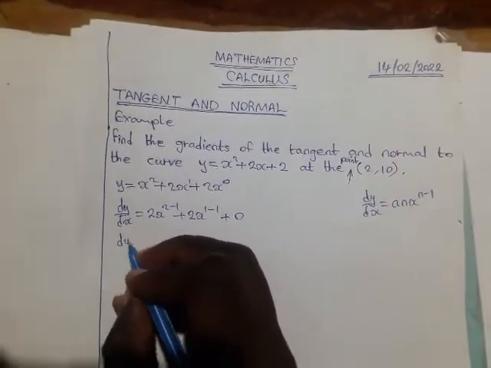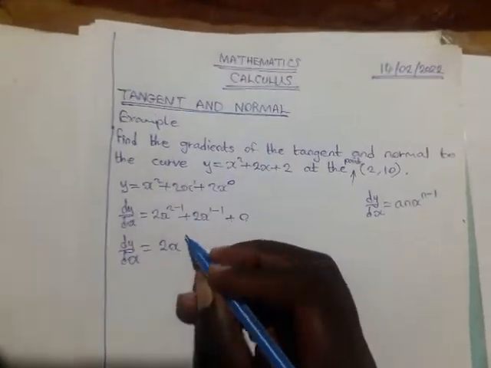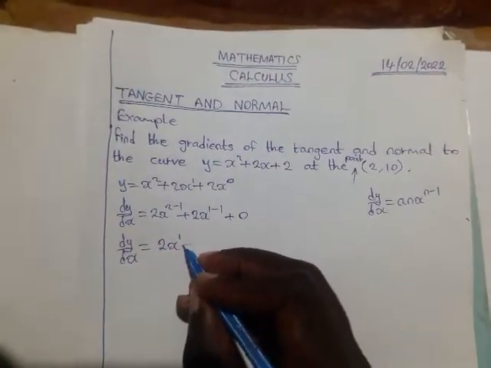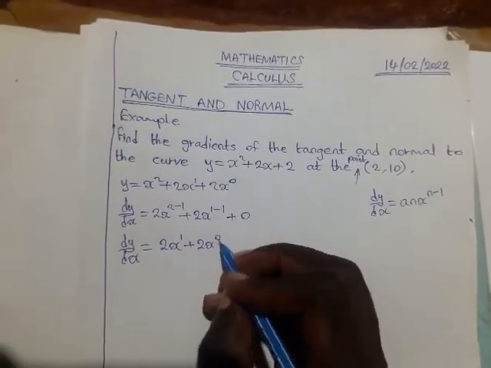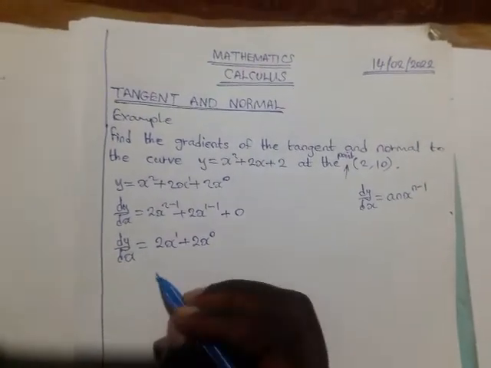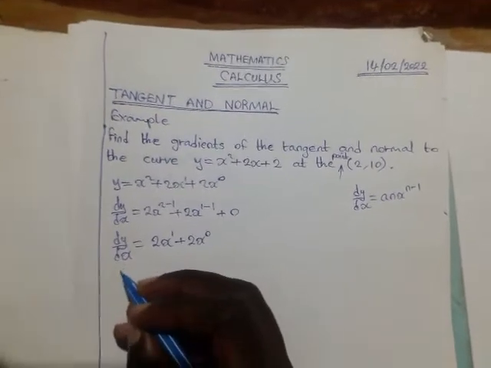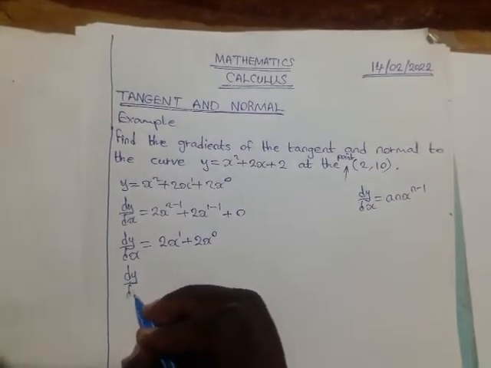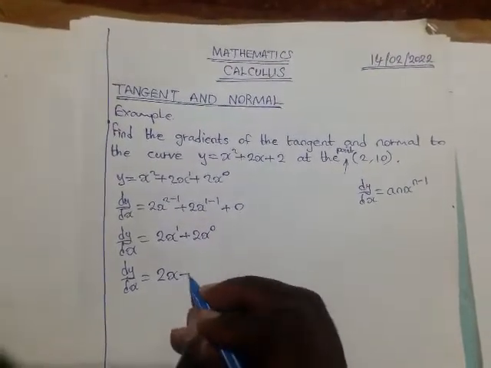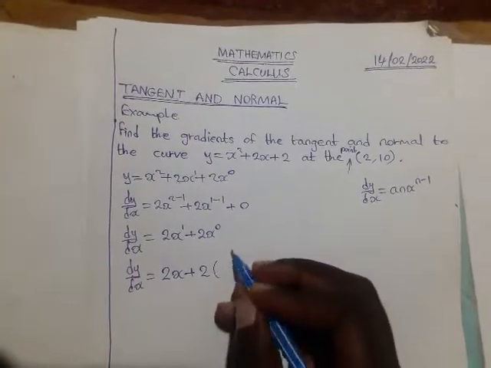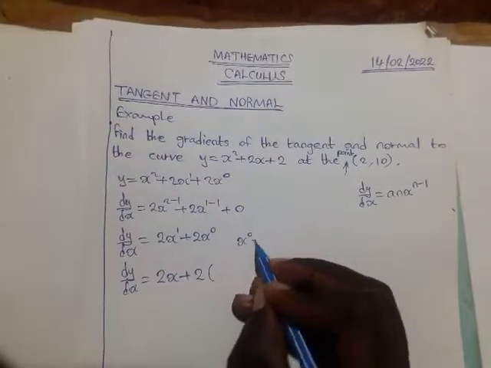So dy over dx will be 2x, then 2 minus 1, which is 1, plus 2x, 1 minus 1, which is equal to 0. Then you ignore the 0 on that side, which is a constant. So it will be dy over dx equal to 2x plus 2, open bracket, x to the power 0, we said it's 1.